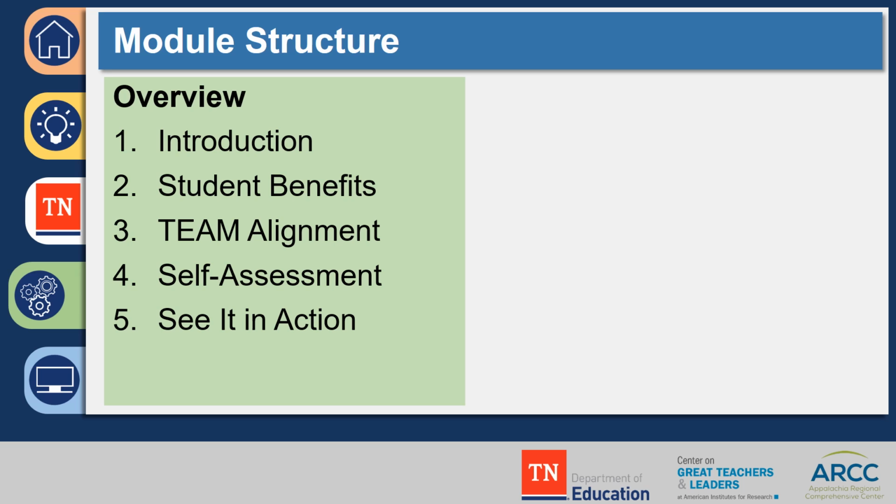Within the overview, you will find an introduction and objectives that describe potential learning outcomes for the module, benefits that students might expect when teachers incorporate the teaching practice effectively in the classroom, the alignment of the social and personal competency teaching practice to the TEAM General Education rubric, a self-assessment in which you will assess your current implementation of the practice, and short classroom videos of each practice that allow you to see it in action, including questions you should consider as you observe educators implementing the practice.